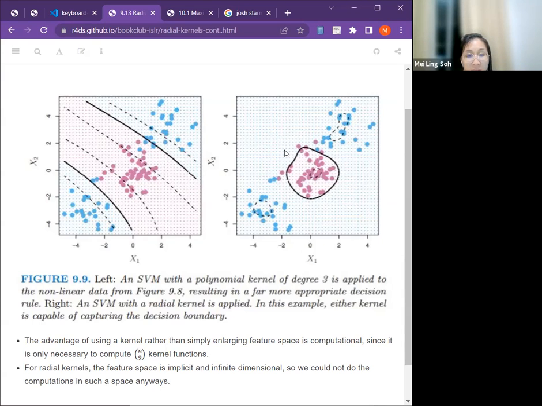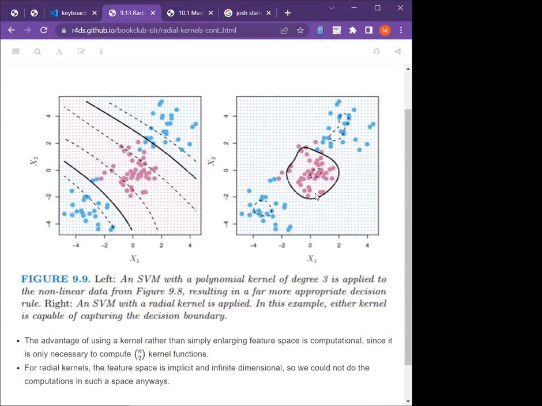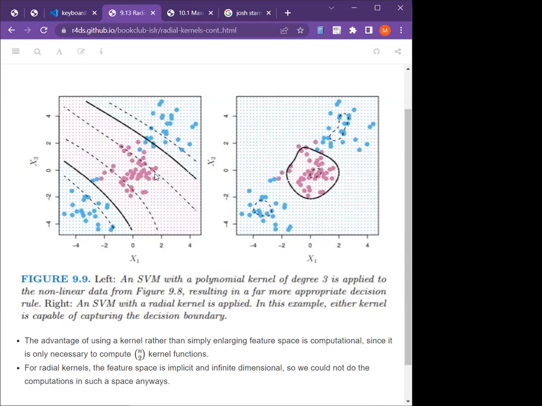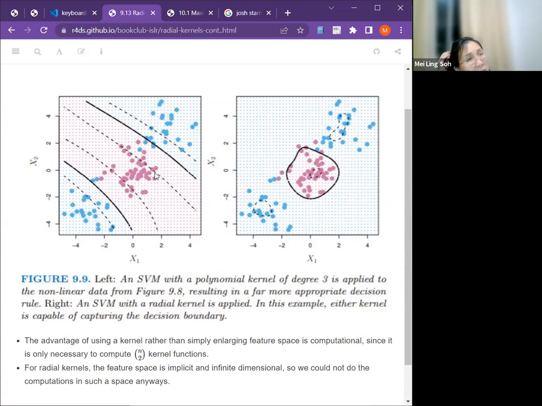On the right one is the radial one. I suppose the solid one is the radial hyperplane, and the dotted one? This is how they classify things inside. And the dotted circle, is it the margin, or what does it mean on a radial kernel? The dotted line, what's that? I think for the radial kernel, because they are looking into infinite dimension, there's actually not really a margin, I think.